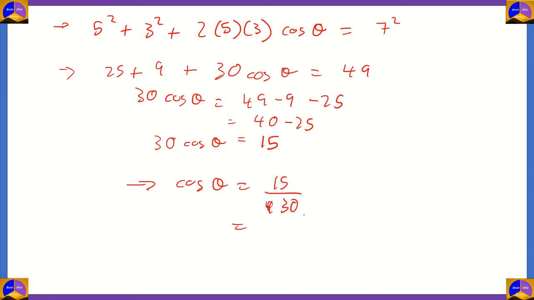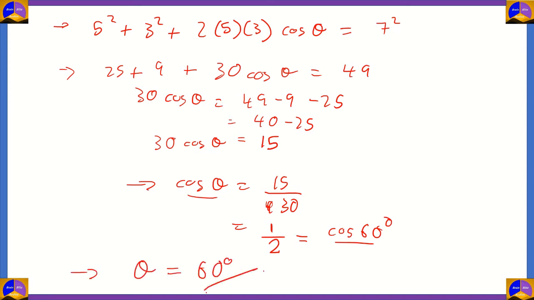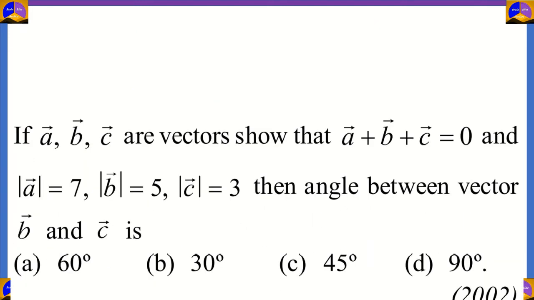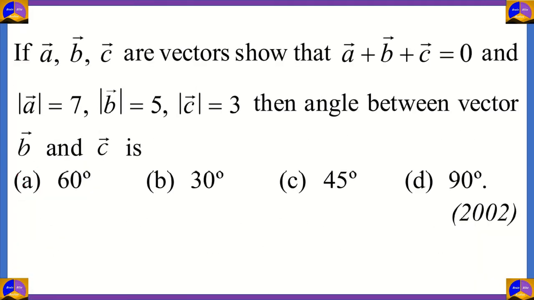And since 15 goes into 30 2 times, the right hand side will become 1 by 2. Now remember that 1 by 2 is the same value as that of cos 60 degrees. So since cos theta equals cos 60, you can safely write that the value of theta equals 60 degrees. And that is why in this question, option A is the correct option.